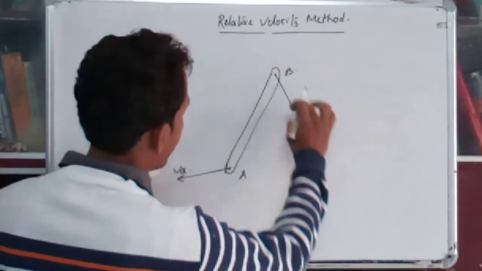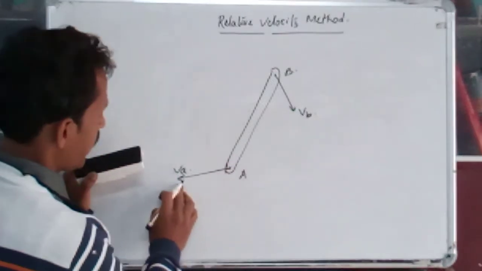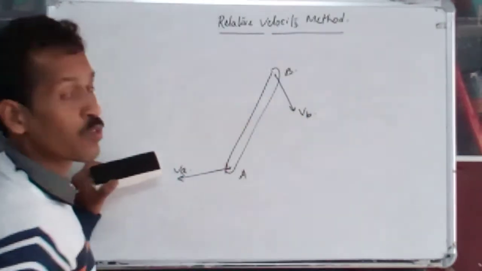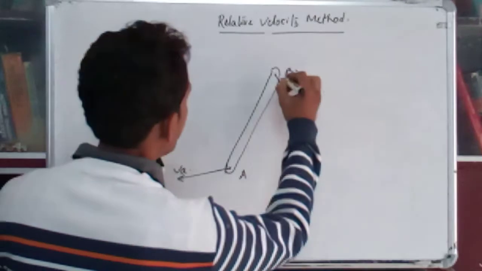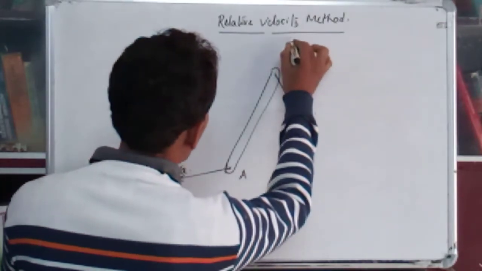The direction of VB and of VA has two components. One is along the link.